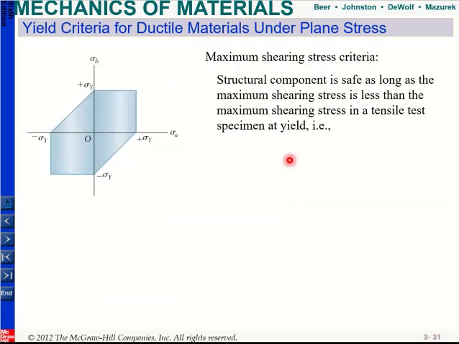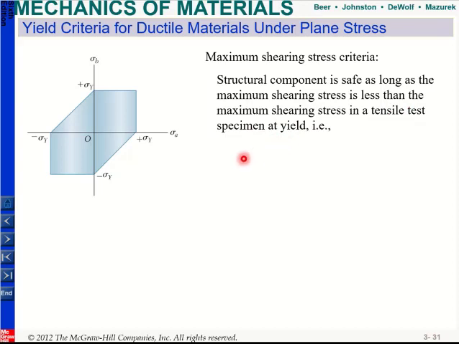The first one is yield criteria for ductile materials under plane stress. If you have a ductile material, you want to look at your shear stress. The first one is called the maximum shearing stress criteria. It says your structural component is safe as long as the maximum shear stress is less than the maximum shearing stress in a tensile test specimen.